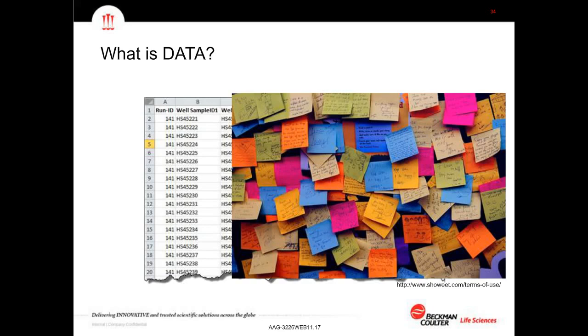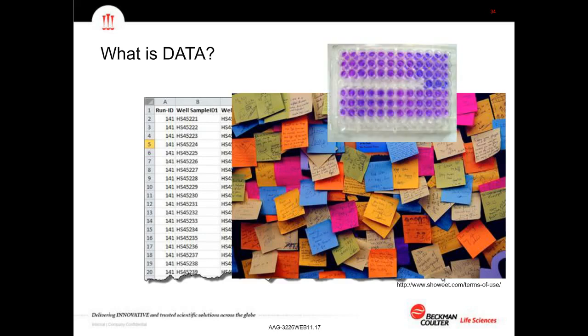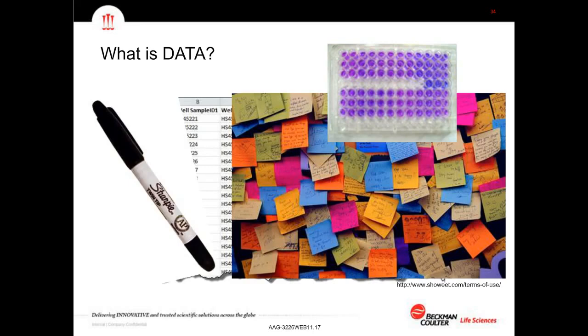Did I take good care of my record keeping? Information that's on a plate, or even the Sharpie that you use to indicate how you're processing this plate. These are all things that, if tracked electronically, add to your data record. And the more information you're able to accumulate, the more you're able to use in your reports to draw conclusions, or heaven forbid you need to do some root cause analysis of failure, it can help with that as well.